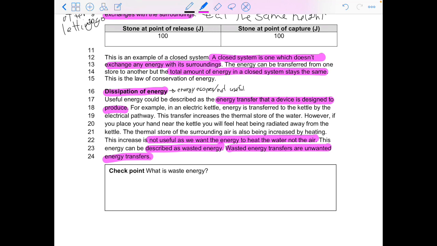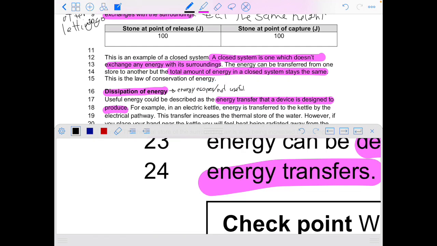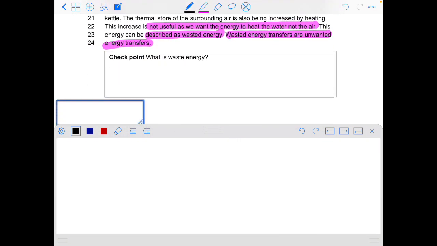I want you to think about another example where there's wasted energy. It could be any example in your life, but somewhere where the energy isn't all used in the way that you want it to be used. I'm going to use the example at the minute of a television. So a television, what is the useful energy of a TV?